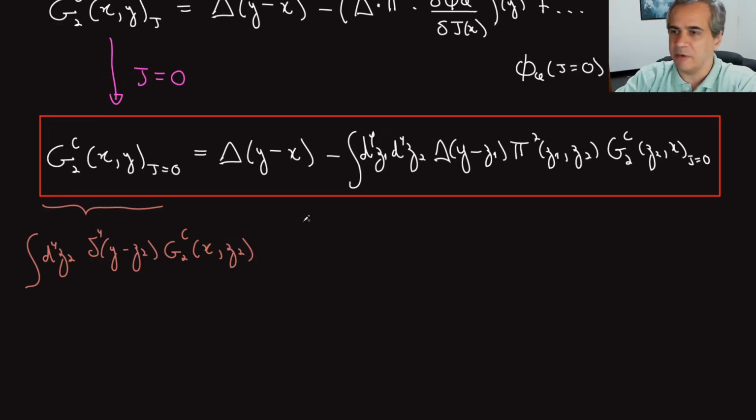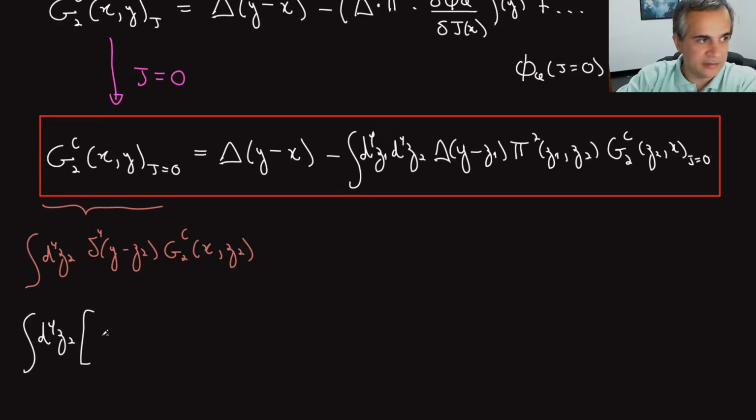Writing this as an integral allows me to bring this term to the left-hand side of this equation and group these two integrals together. I'll put this d4z2 in evidence. So I can write this equation as d4z2, which integrates Dirac delta 4 y minus z2, and I'll bring this G2c outside these brackets.